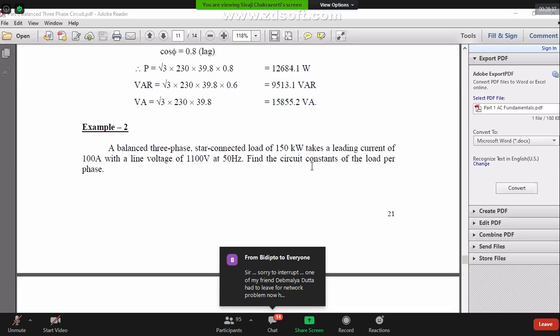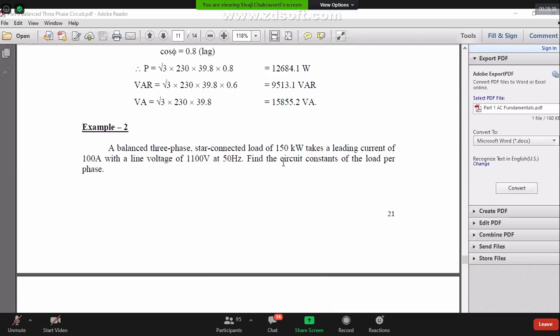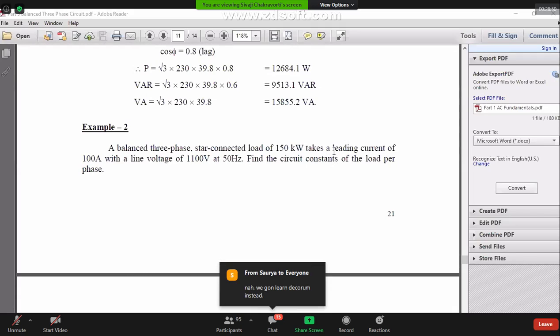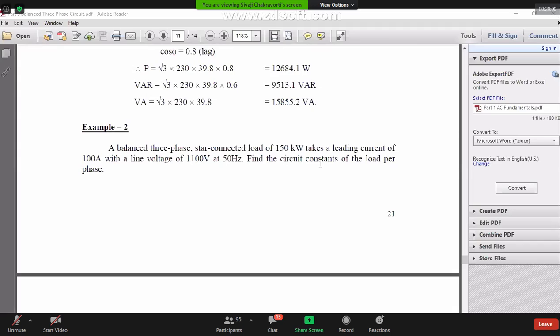So the first point to discuss is what is known as the circuit constant. Now I repeat that circuit constants of an electrical circuit are only 3. That is R, L, and C. That is resistance, inductance, capacitance. So here we are told to find out what are the circuit constants.